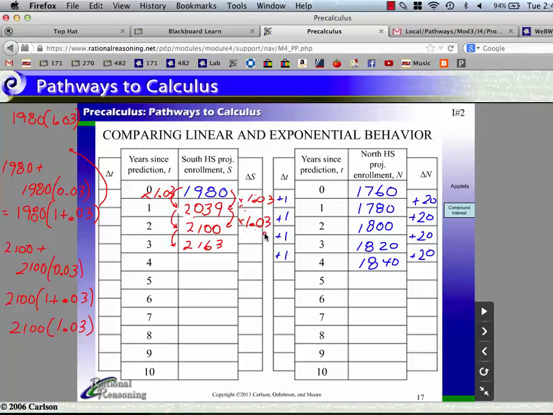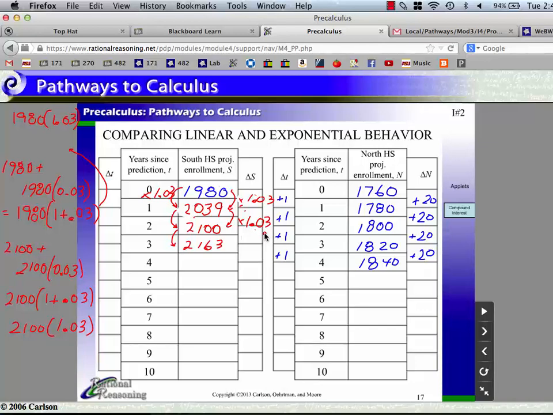Shola, what is it? Look at this. Equal changes in input result in consistent changes in output. What is this? Constant rate of change, okay?